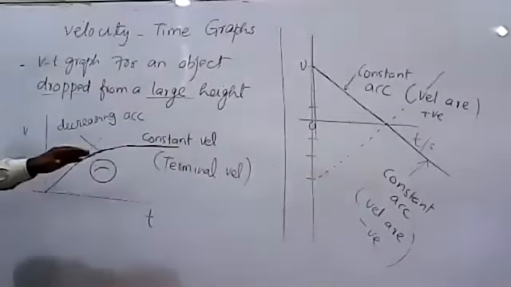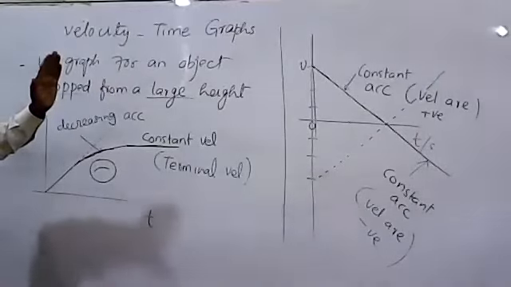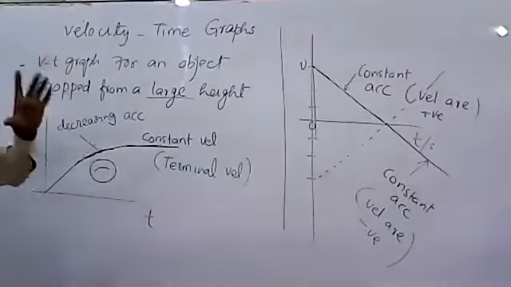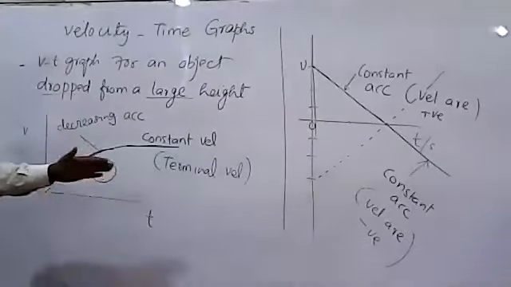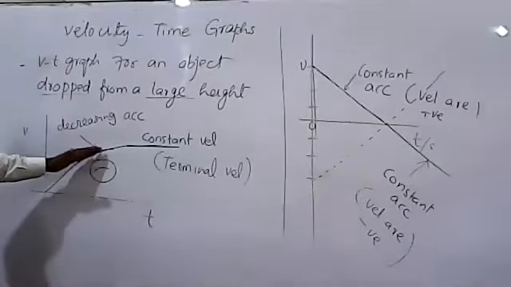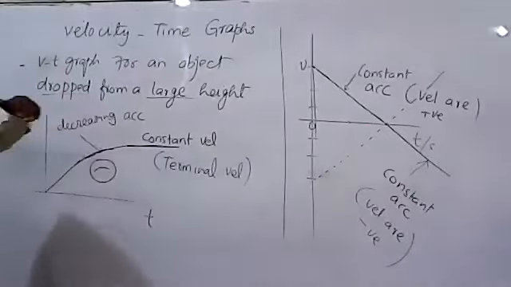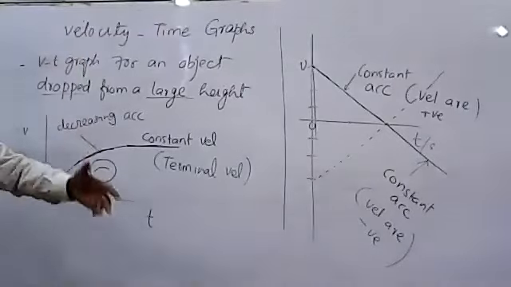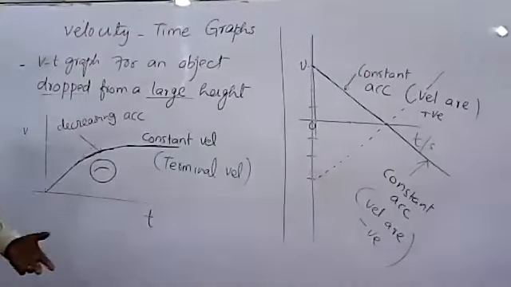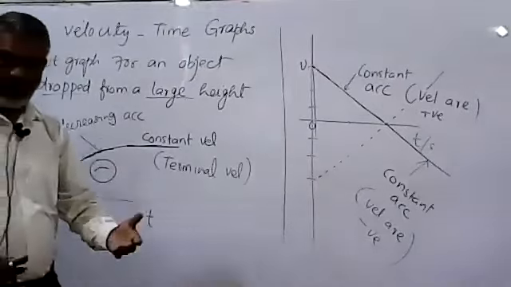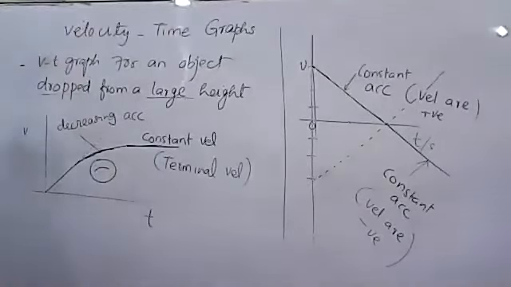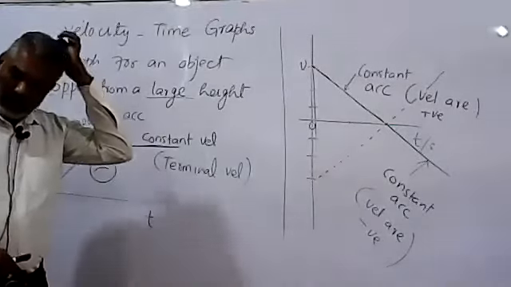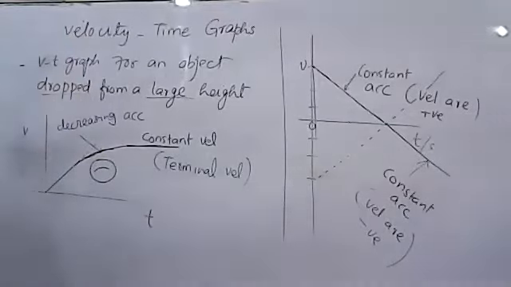Its speed goes on increasing initially at a constant acceleration, but then air drag becomes such a large force opposing its motion that its acceleration actually starts decreasing, and then there is a very large speed in the end beyond which it is not possible to go, beyond which the object, the car or the plane or the train cannot increase its speed any further. That is the terminal velocity, the kind of velocity beyond which you cannot go in a medium.